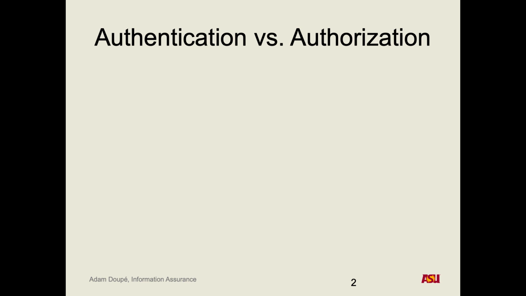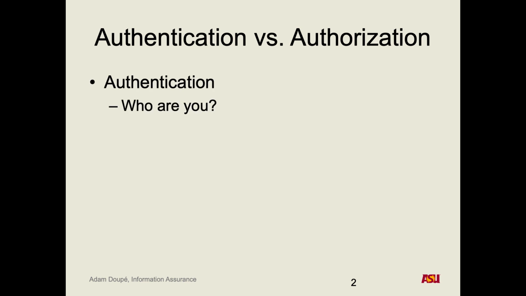Like file system permissions in Unix. What else? Access control lists, discretionary access control, mandatory access control, originator access control.